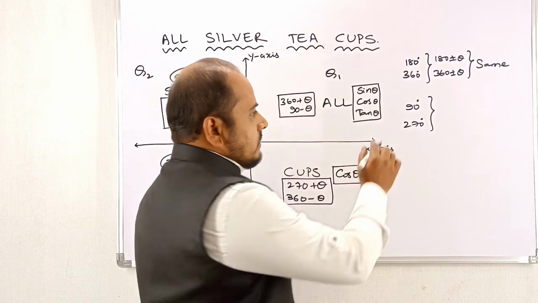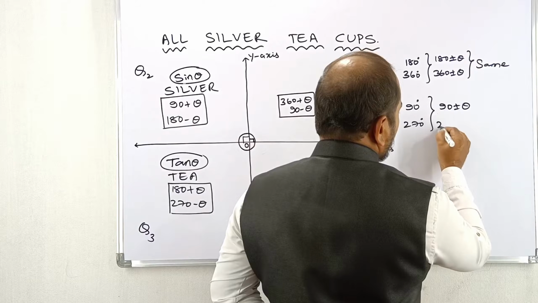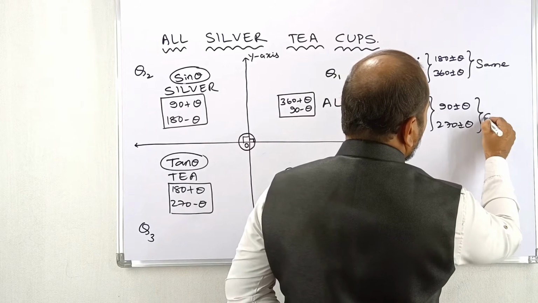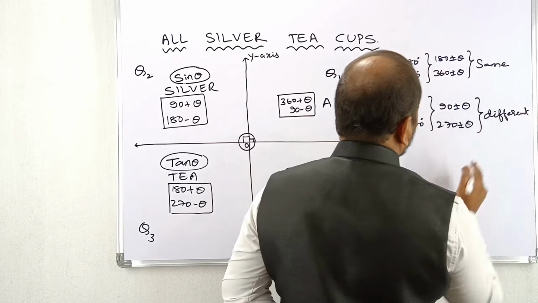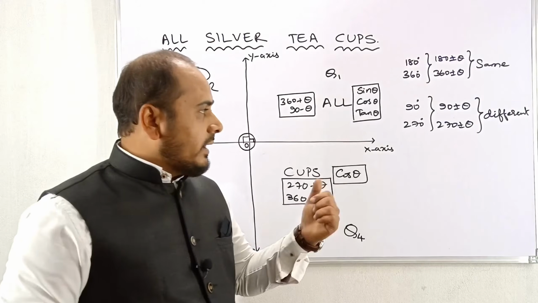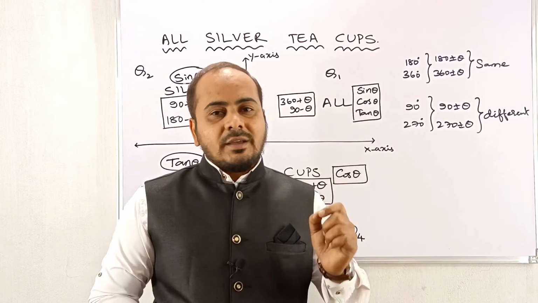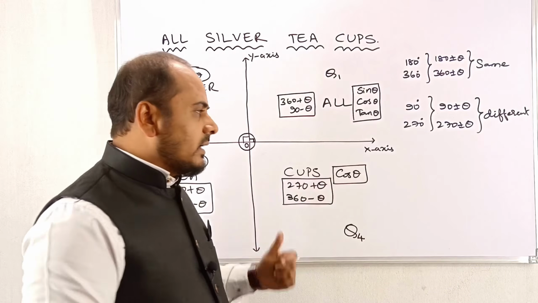Nothing to worry. Now 90 and 270. 90 plus or minus theta, 270 plus or minus theta, for these we get different ratios. Remember, 90 and 270 give different ratios, 180 and 360 give the same ratios. How to take that I am going to explain here. Listen.